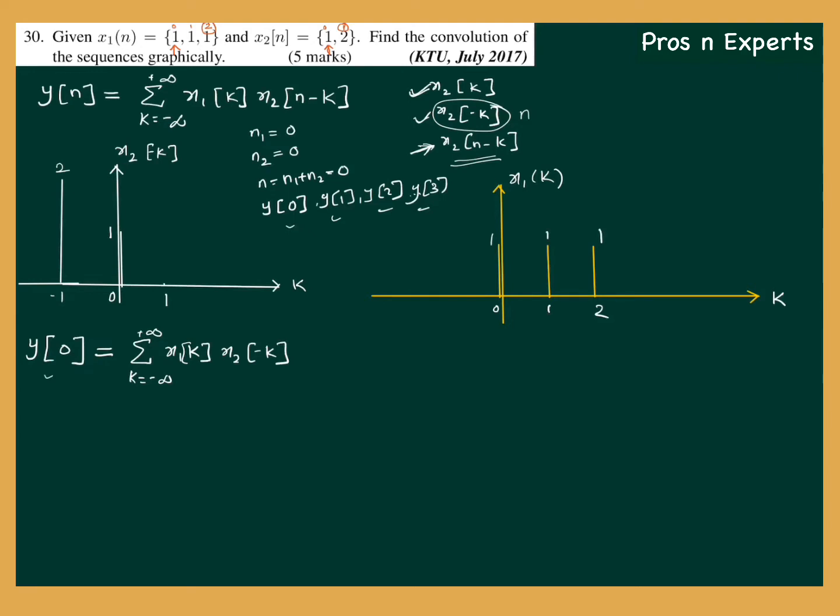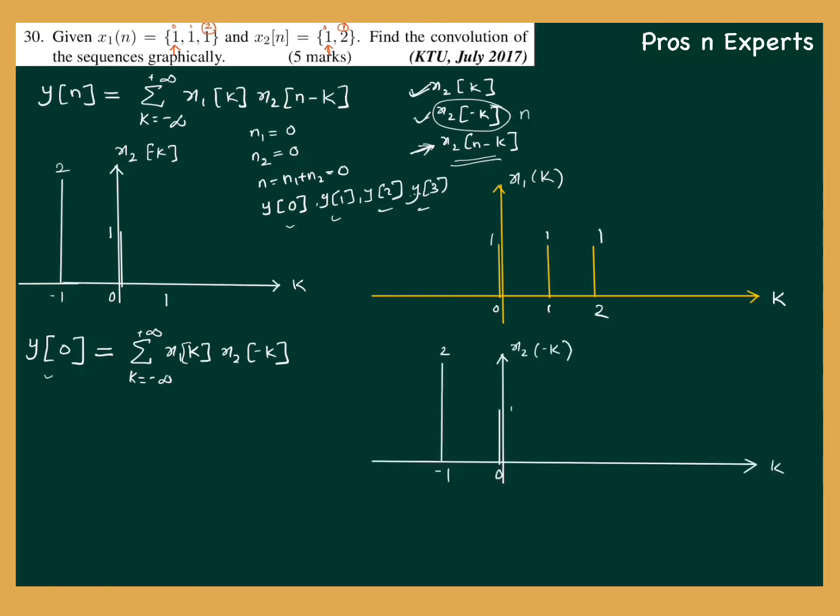In order to evaluate this equation, you must have x1 of k with you, that is already here. And x2 of minus k also should be with you, that is here. For convenience, I can redraw this x2 of minus k aligned to the x1 of k for better understanding.